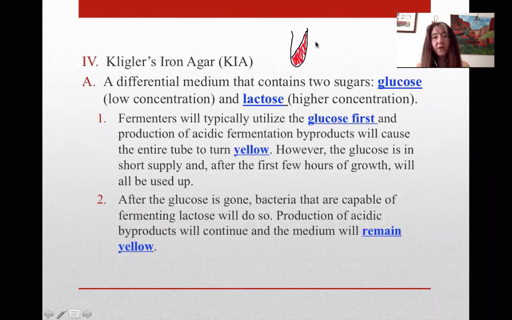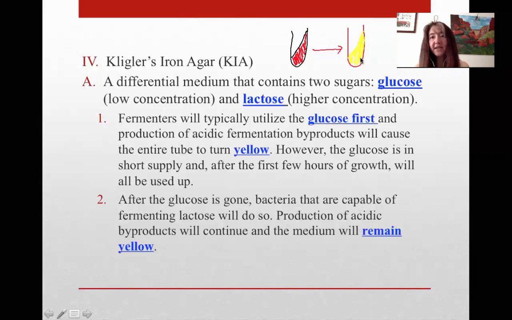Now, if we put a glucose fermenting bacterium onto this KIA, then it's going to ferment the glucose, and you guessed it, it's going to turn that phenol red from red to yellow. So the entire agar is going to become yellow. And we can say, okay, that organism fermented glucose.